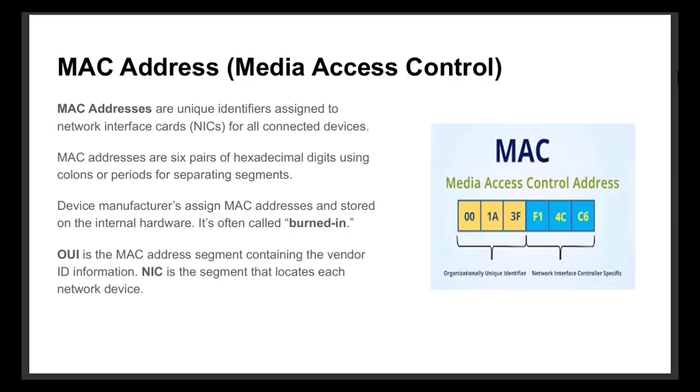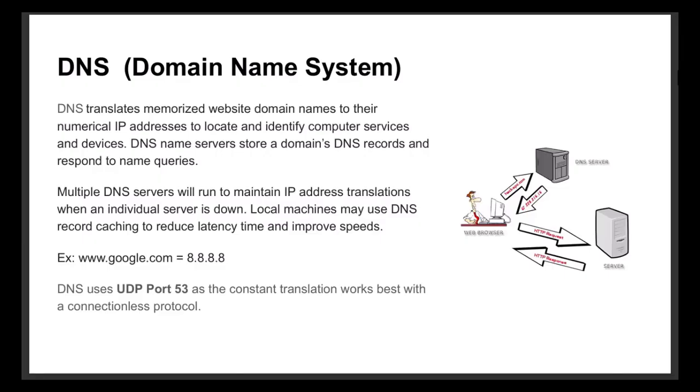Now we're going to discuss some common protocols and services that you should be aware of in basic networking. The first networking service we're going to discuss is DNS, the Domain Name System. DNS is a very important networking service because it allows us to translate domain names into their numerical IP addresses.